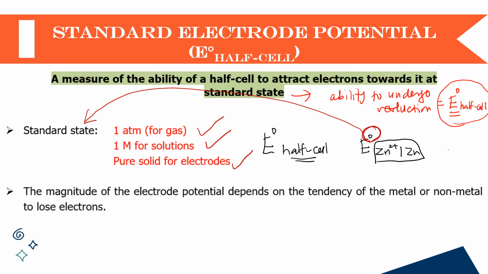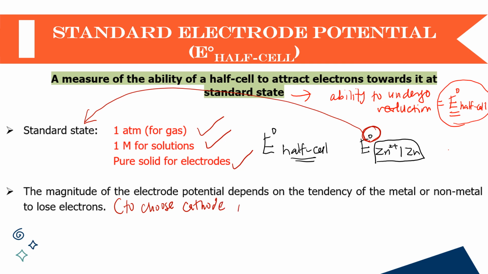The magnitude of the electrode potential depends on the tendency of the metal or non-metal to lose electrons. This is what I mentioned just now, to choose which one will be our cathode.